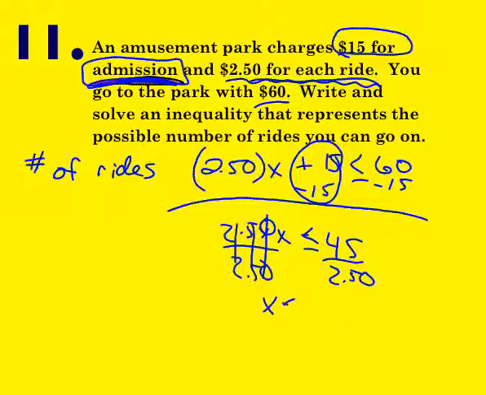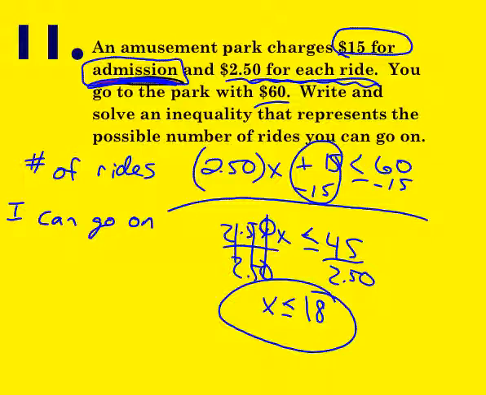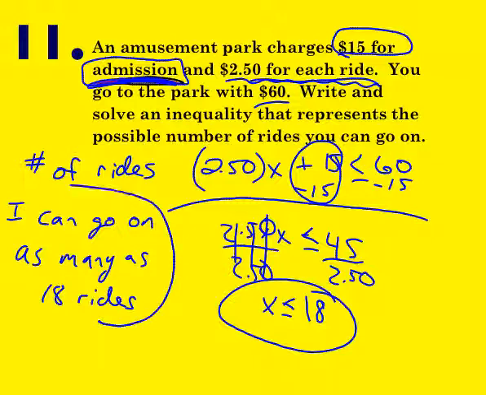So then x is less than or equal to, what is that, 18? So how many rides can I go on? I can go on as many as 18 rides. I mean, that would be the best answer I could think of.